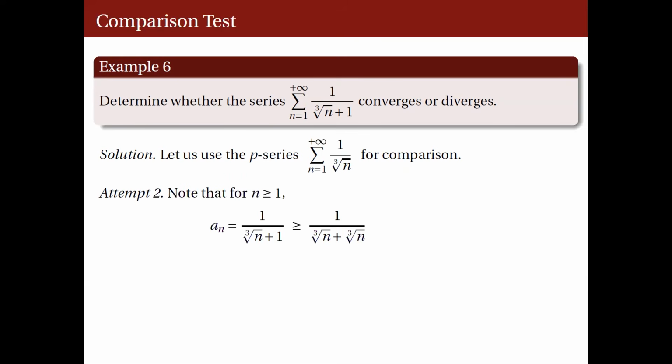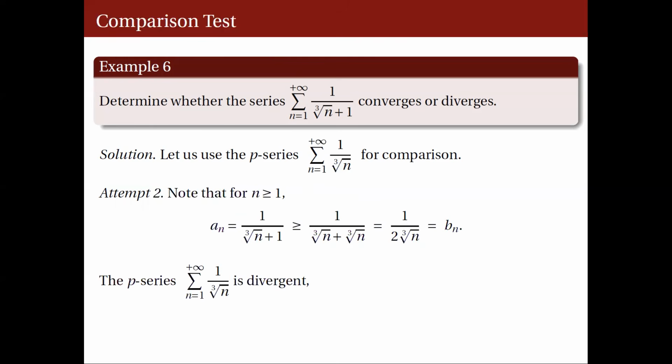So we set a sub n to be 1 over cube root of n plus 1 and b sub n to be 1 over 2 times cube root of n. And for n greater than or equal to 1, mas malaki si cube root of n kay 1, kaya a sub n ay mas malaki sa 1 over 2 cube root of n, which is also our b sub n.